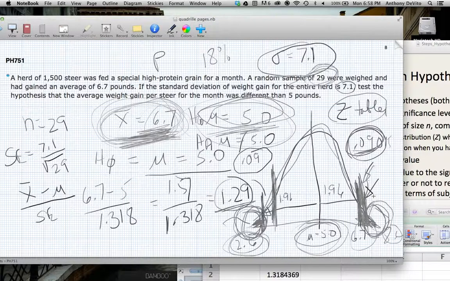So I make some sort of physical assumption that there's no way that the weight gain could have been less than 5 pounds, right? If I make that assumption, I can do a one-sided test instead of a two-sided test. But isn't that kind of a cheat? In other words, right off the bat, I'm making the assumption that I know what this food is going to do.